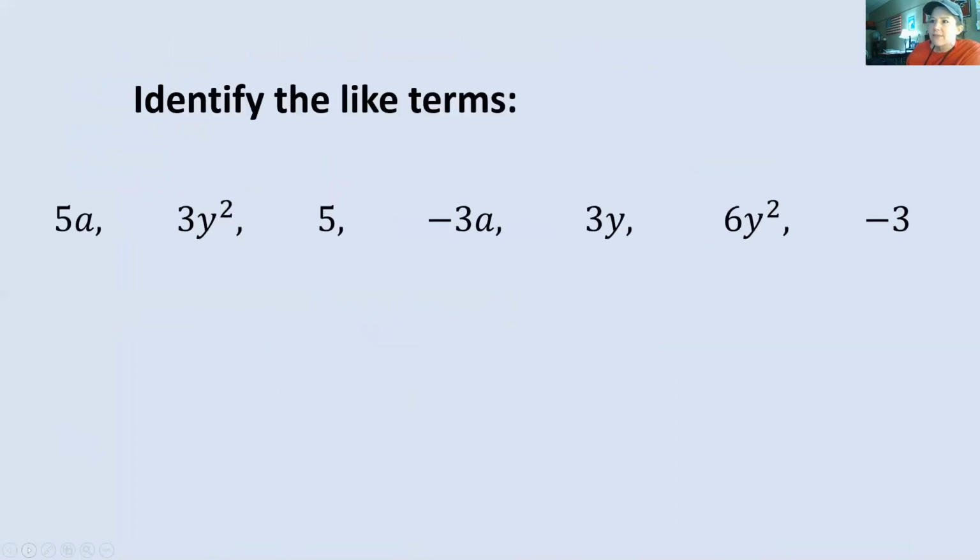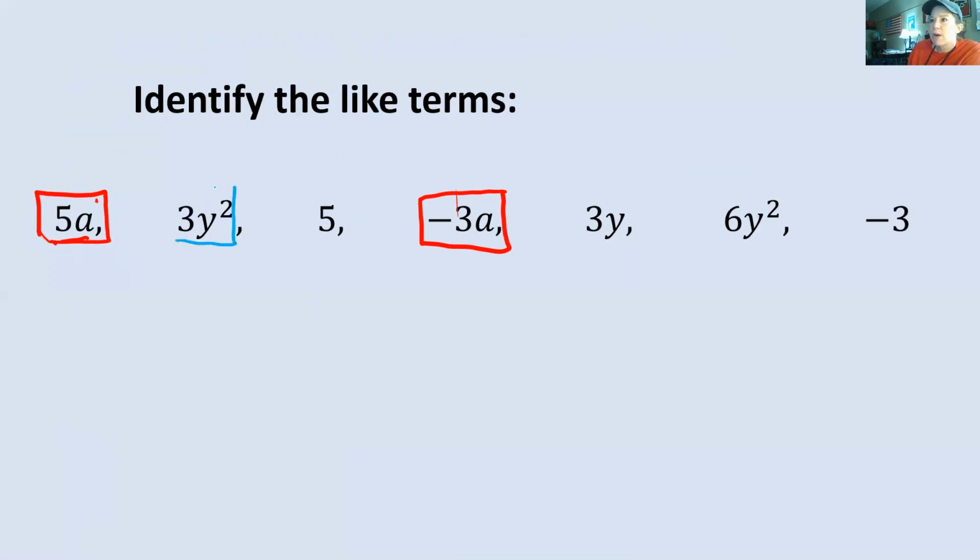It says to identify the like term. So let's look at 5a. 5 times a raised to the first power is like this term because it also has an a raised to the first power. Those are the only two terms that are like each other that have an a. Now let's look at the next variable, y squared.